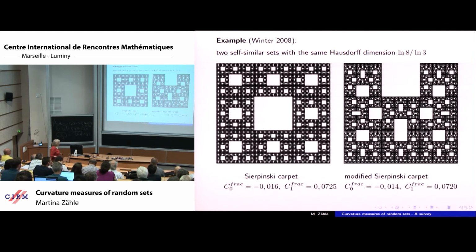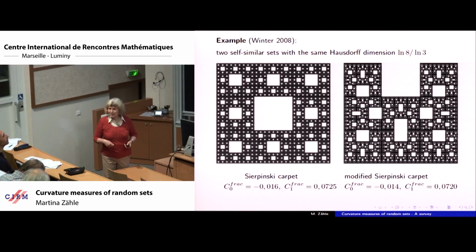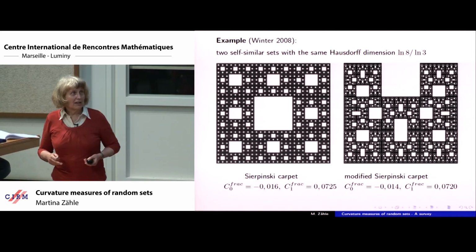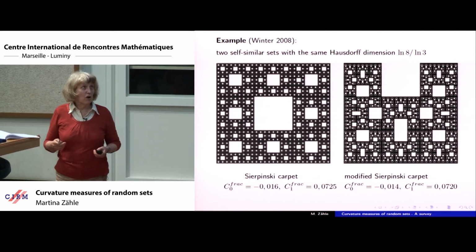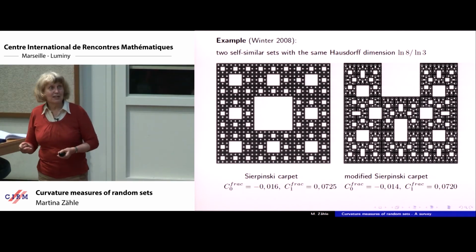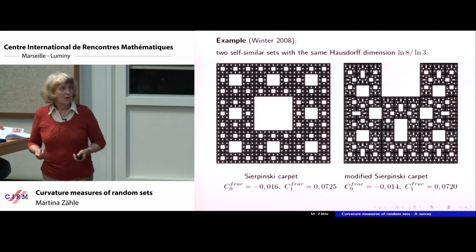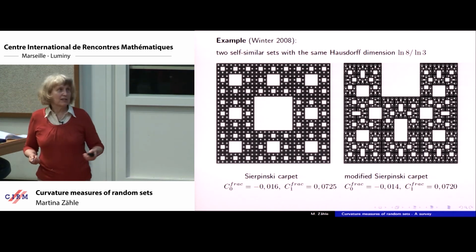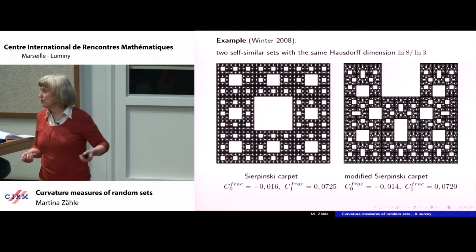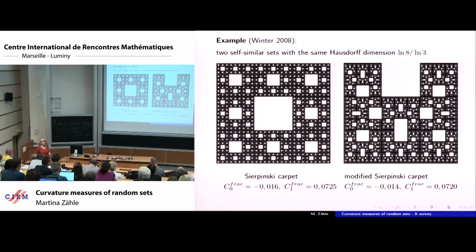And the other one, C1, somehow expresses the boundary length of these cells in the limit, and on the left-hand side, because of fewer holes, this boundary length is a bit less than on the right-hand side. It is also expressed in terms of the values. And though you have two new parameters which help you to distinguish between fractal sets, of course, you need a lot of digits for the distinguishing, but it's possible.